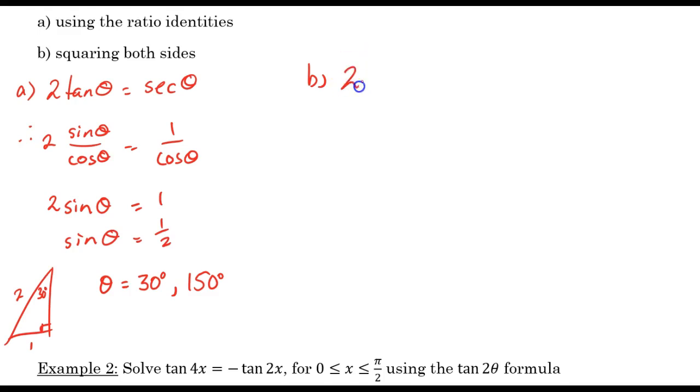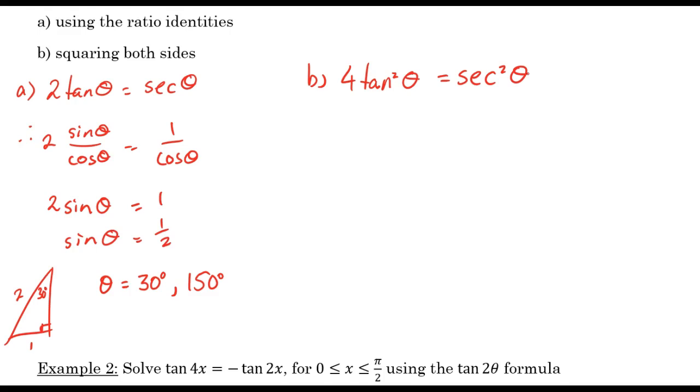So, let's jump straight into this. Instead of 2, I'm going to say I've got 4 tan squared theta equals sec squared theta. And from here, we might remember that sec squared theta equals 1 plus tan squared theta.